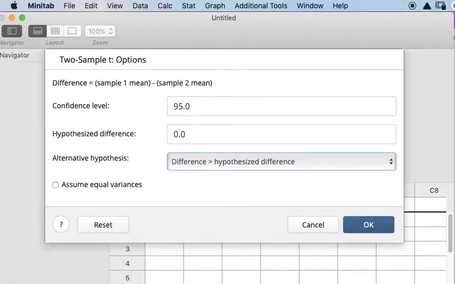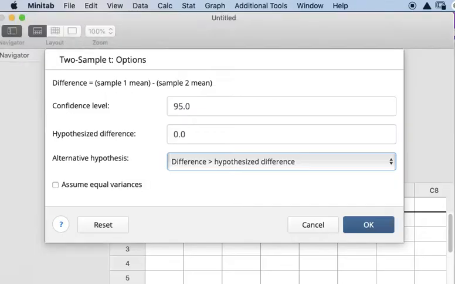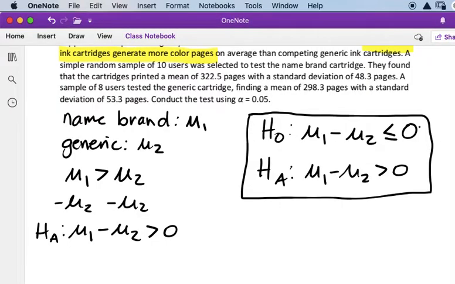And then, do I assume equal variances? Well, looking at my standard deviations, I'm comparing 48.3 to 53.3. Those are pretty close together in the grand scheme of things, so I'm going to check the Assume Equal Variances box. The hypothesized difference is 0, because in this case, what I'm looking at here is 0.